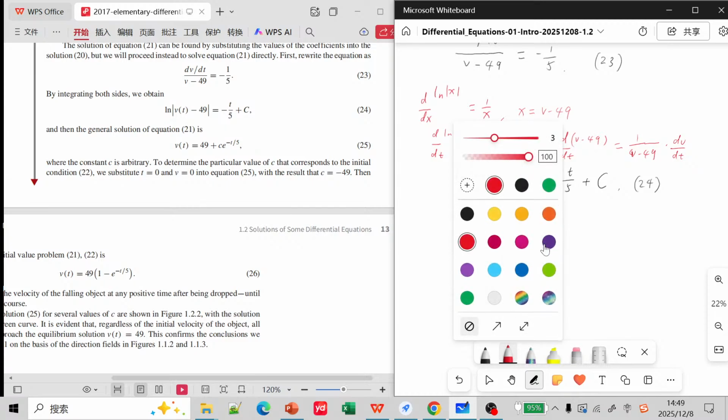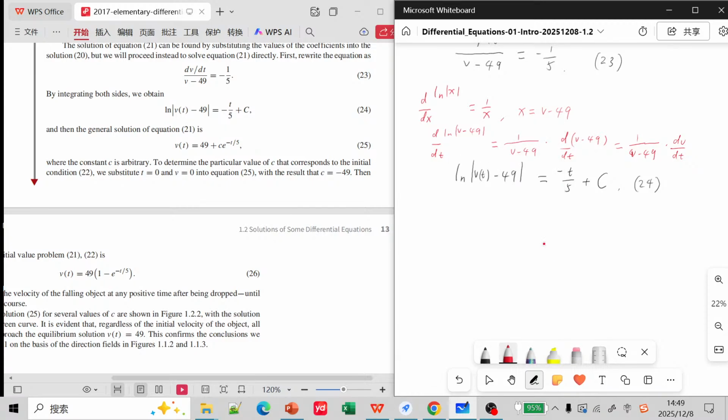What is v of t? Just do the exponential calculation: e to the ln |v of t minus 49|. The left-hand side is e to the power of ln of this term, and the right-hand side also is e to the power of this term.